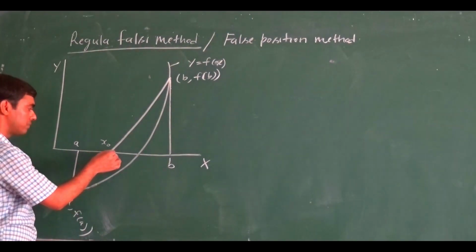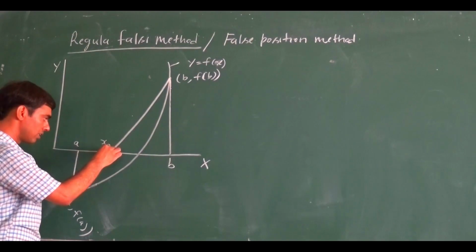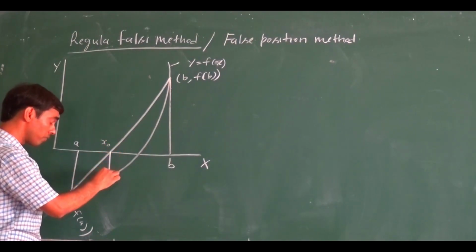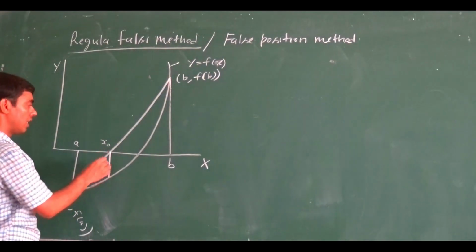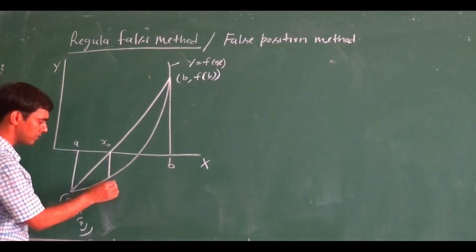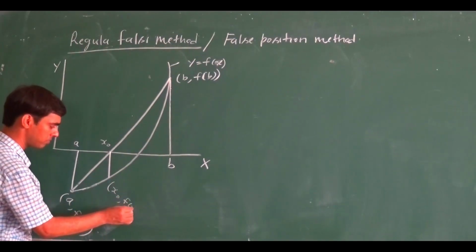Now we find the value of the function at this point. The value of the function at this point is (x0, f(x0)).